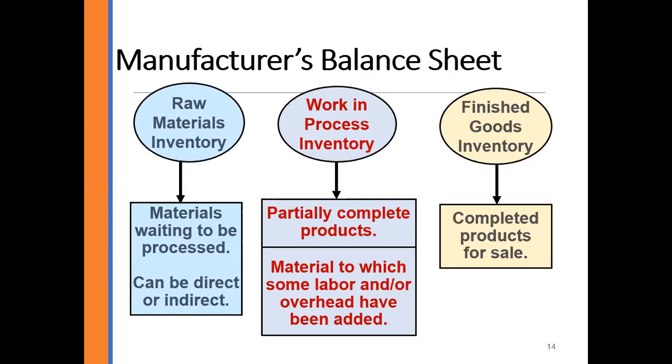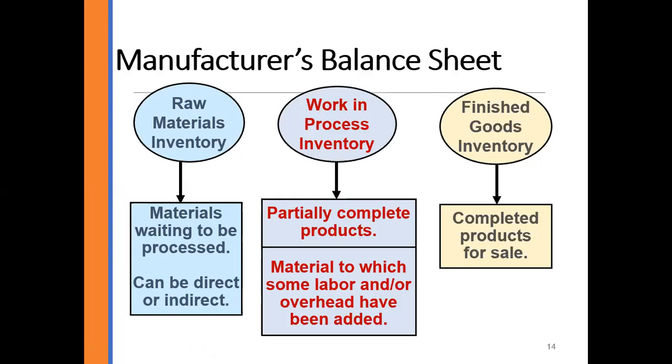So raw materials inventory, as you can see here, can be direct materials or indirect materials. Once these raw materials are sent to the factory, then they're considered work in process, okay? Work in process inventory are the material costs that we are working with right now in the factory, the labor costs that are happening right now in the factory, and the overhead costs.